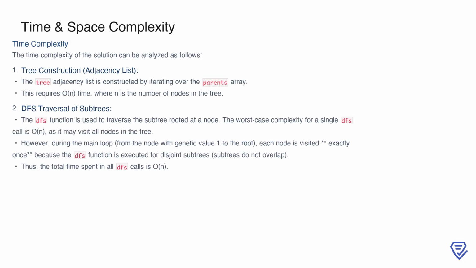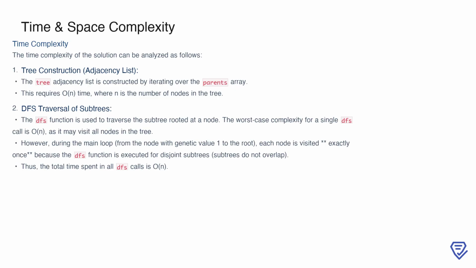To analyze the time complexity of our solution, we start with the process of constructing the tree structure. This is done by iterating over the parents array and building an adjacency list representation of the tree. Since each element in the parents array is visited exactly once, this step requires O(n) time, where n is the number of nodes in the tree. Next, we perform a depth-first search, or DFS, to traverse the subtrees.